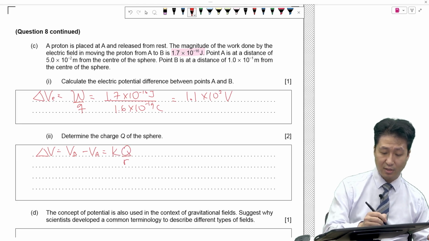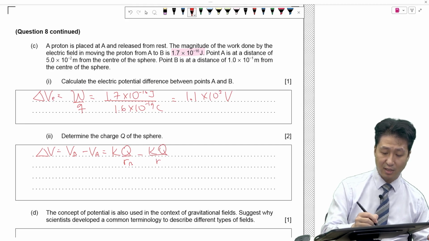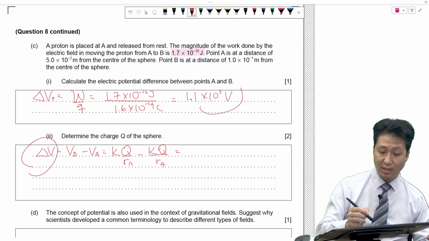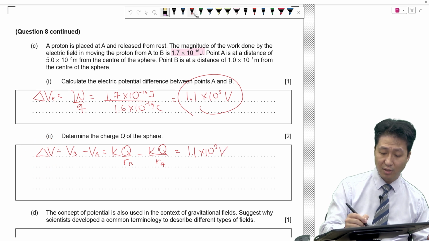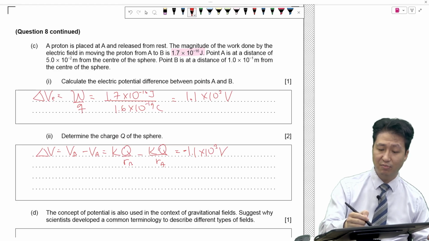You use the equation KQ over RB, distance to B, minus KQ over the distance to A. What you have to look at here is this should be equal to the change in potential, 1.1 times 10 to the third volts, but recall we said it was decreasing, so it should be a negative value.